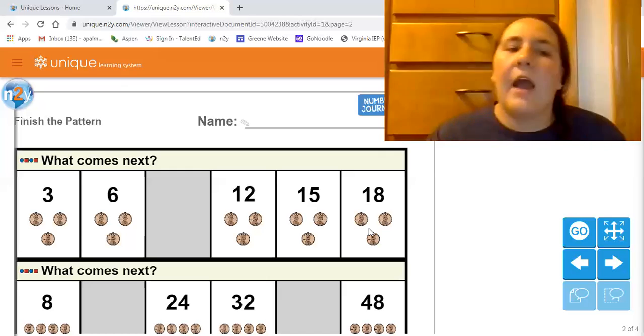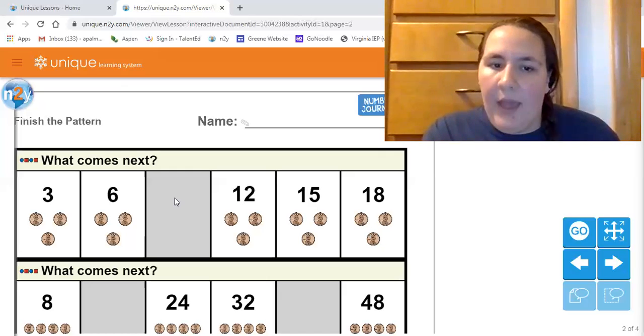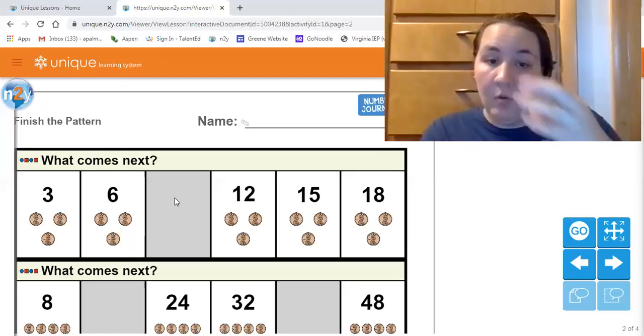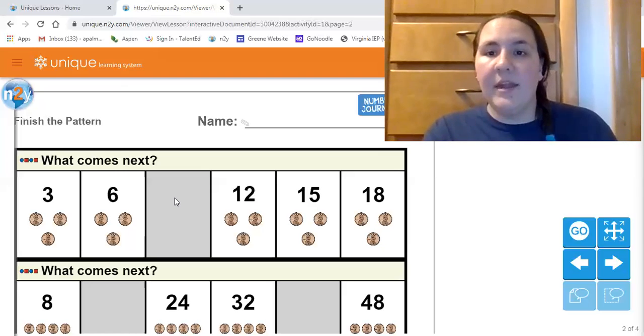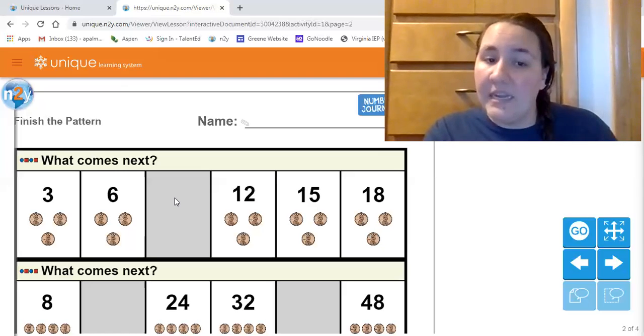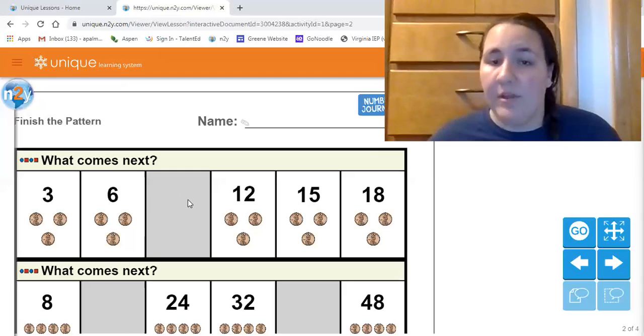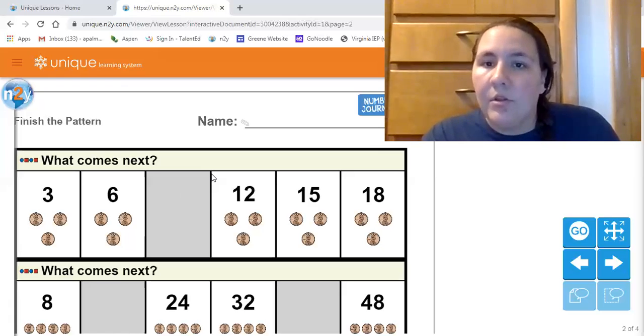Now I need to figure out what we are counting by, if my numbers are getting bigger or if they're getting smaller. And then I need to figure out how many I need to count to figure out this number that's missing. So let me make myself big so that you can see my hundreds chart a little bit better.